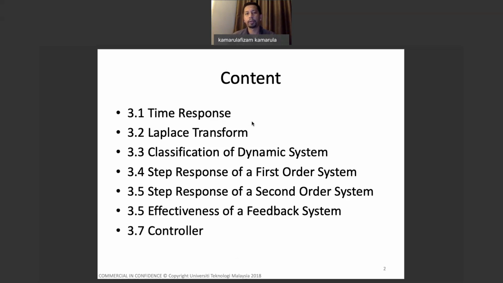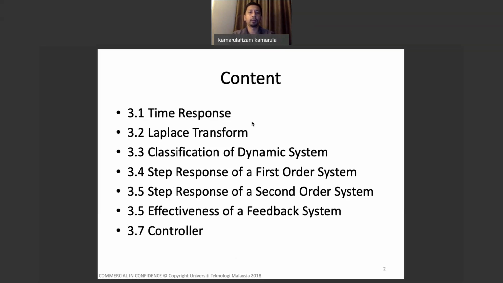We will also look at the Laplace transform. After that, we have the classification of dynamic systems, then first order systems and second order systems, and after that we will see the effectiveness of feedback systems using controllers.